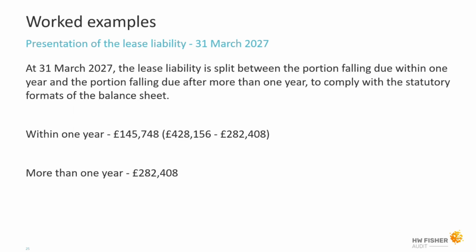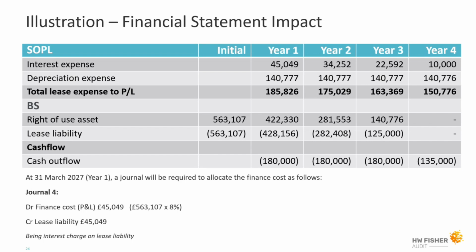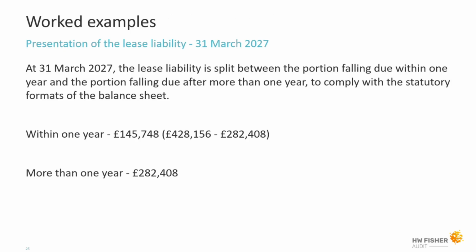And it has different implications on your P&L. And let's not forget the lease liability then needs to be split between your current and non-current liabilities. So that will potentially again change your balance sheet for those that currently don't have non-current liabilities. You'll see that now split. So here we go, we've got this £145,000, so we're expecting that to be paid out.